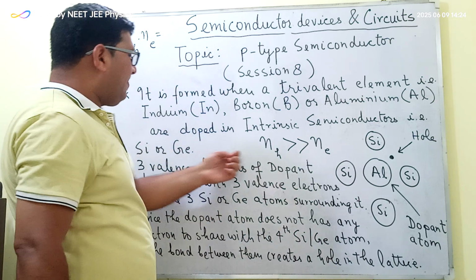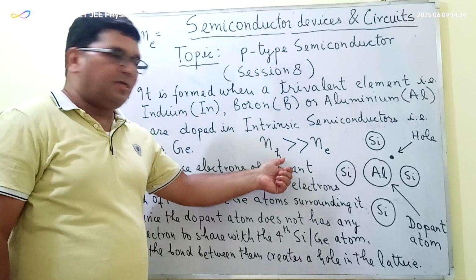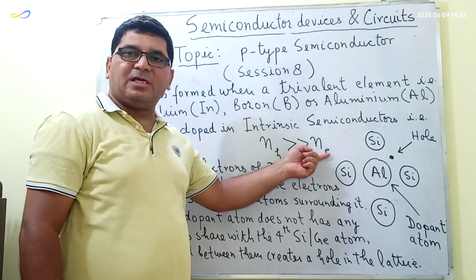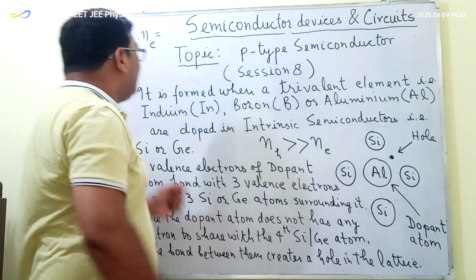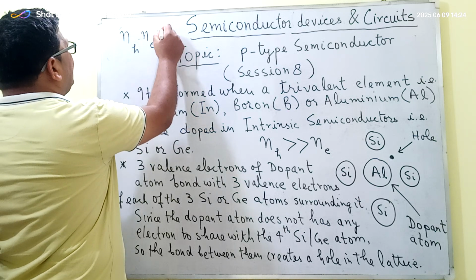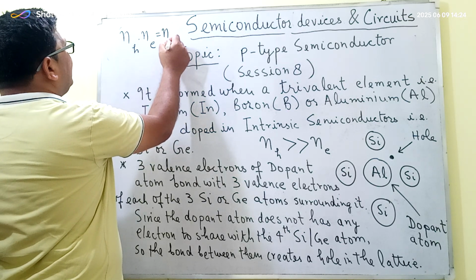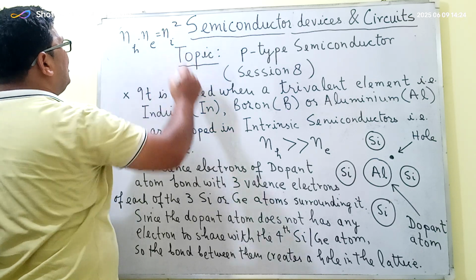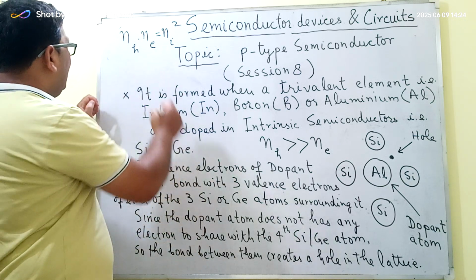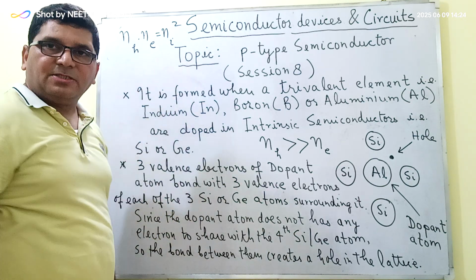That is, the concentration of the number of holes and the concentration of the number of free electrons in thermal equilibrium is given by this formula: NH into Ne is equal to Ni square, where Ni is the intrinsic carrier concentration.